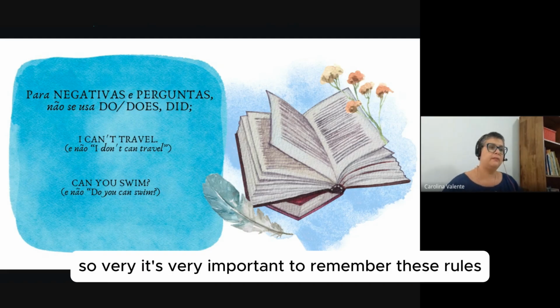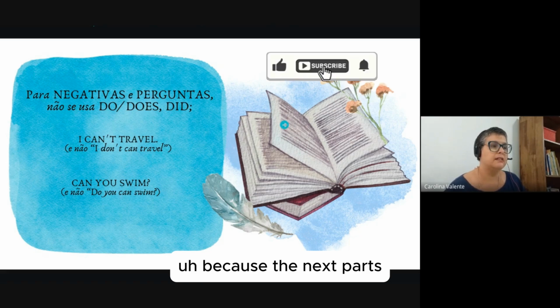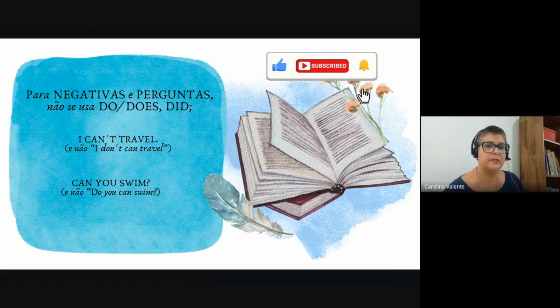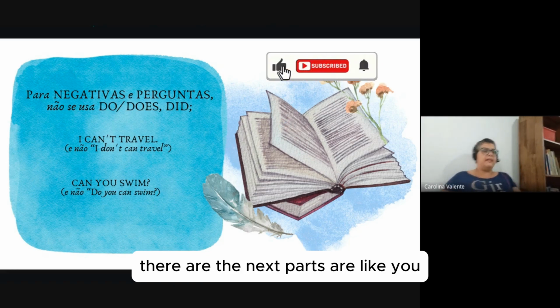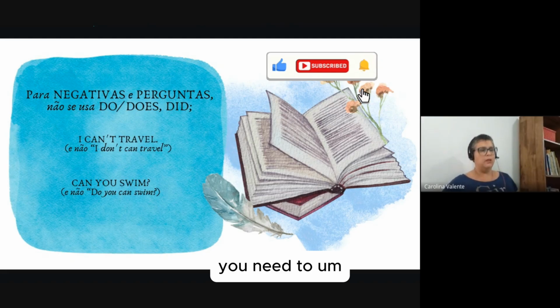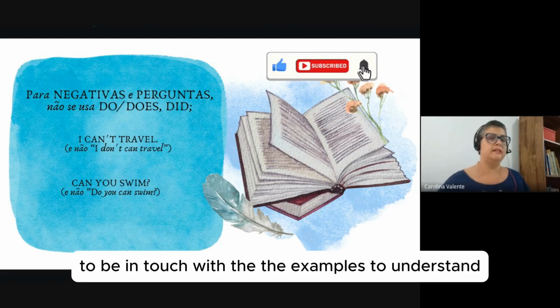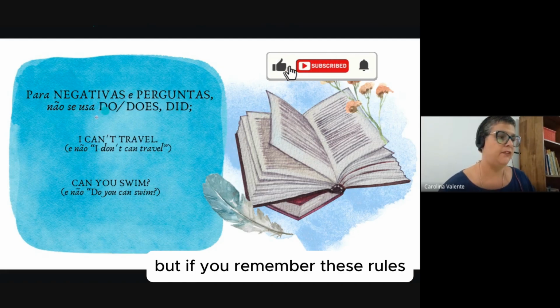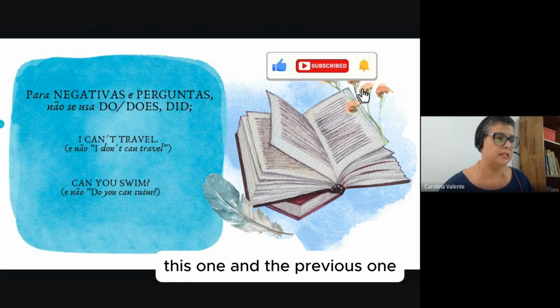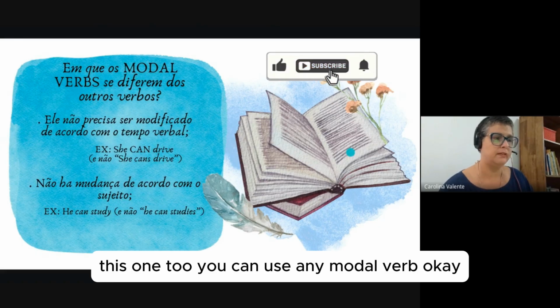Okay, so it's very important to remember these rules because the next parts are like you need to be in touch with the examples to understand. But if you remember these rules, this one and the previous one, you can use any modal verb. Okay?